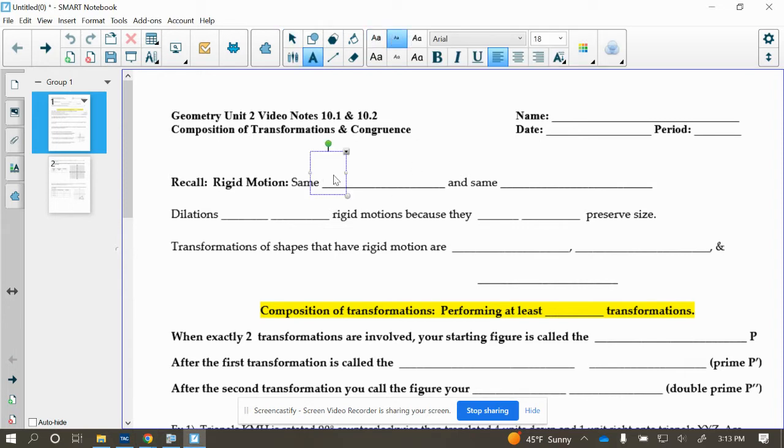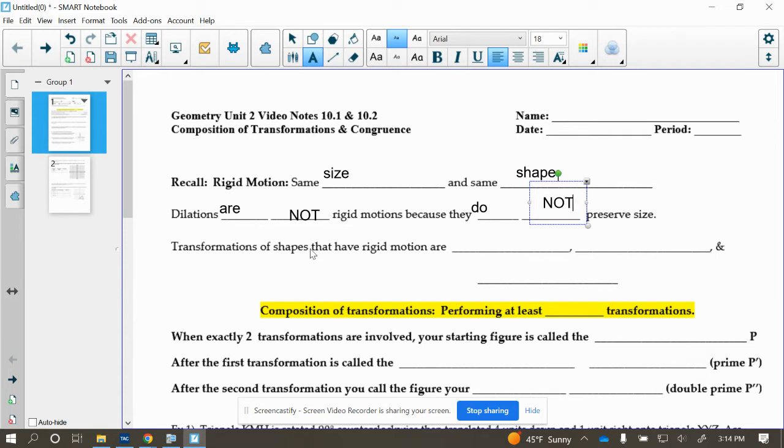We have rigid motions, and those are our transformations that have the same size and the same shape. No matter what kind of transformation we are doing to it, they will stay the same. Dilations are the only type that we haven't really focused on a lot, but these are not rigid motions because they do not preserve the same shape and the size of our figures, right?